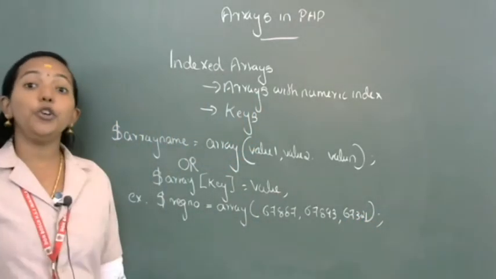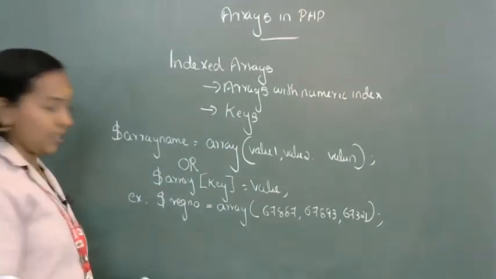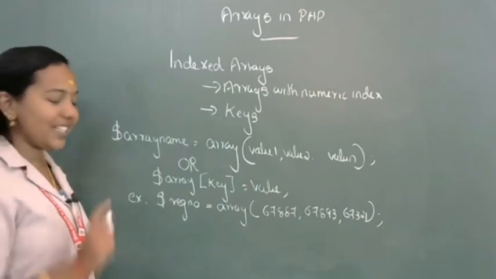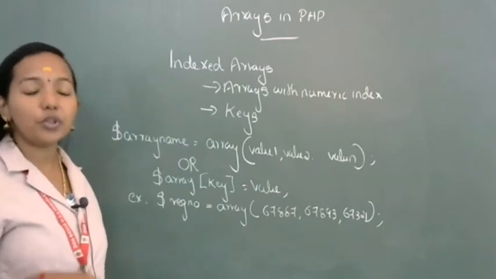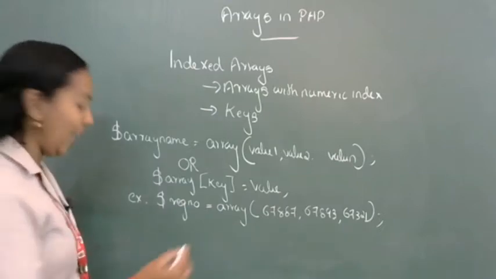This is for numeric values, an integer indexed array. I am going to write one more array that uses strings as elements.